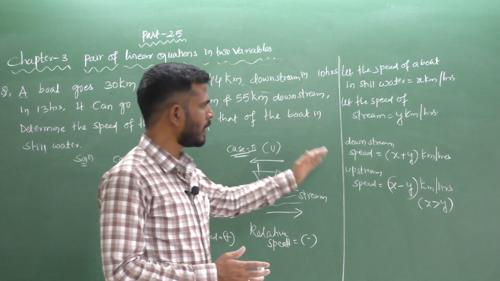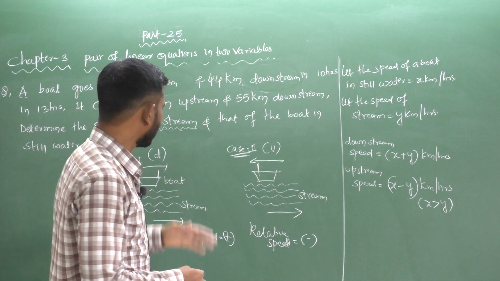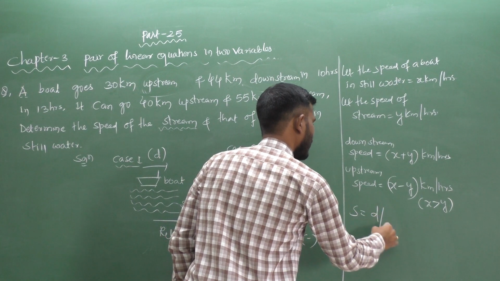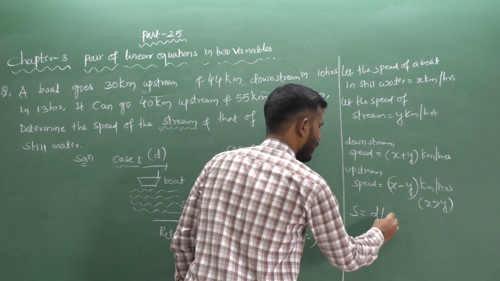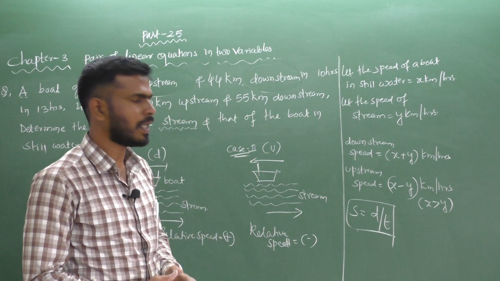But this is speed, and the distance and time are also given. So you have to use the formula: speed equal to distance by time. This is the equation to find the speed.